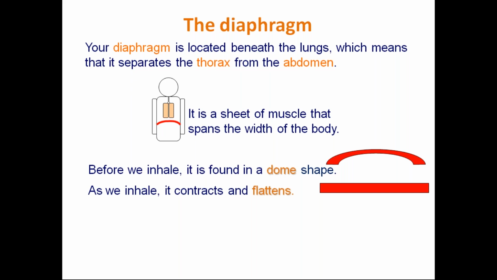So when you breathe in, what happens to the diaphragm is that the diaphragm is located beneath your lungs. When you breathe in, your lungs are getting bigger in size because the air moves into them. Their volume increases.